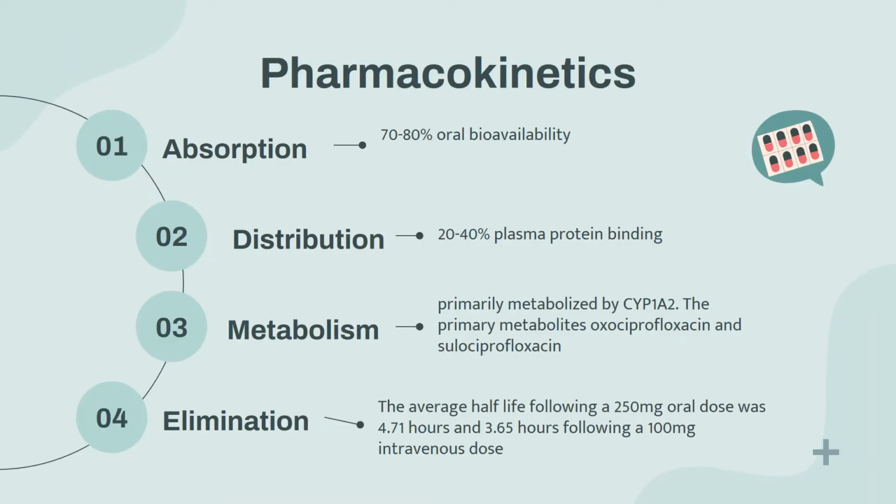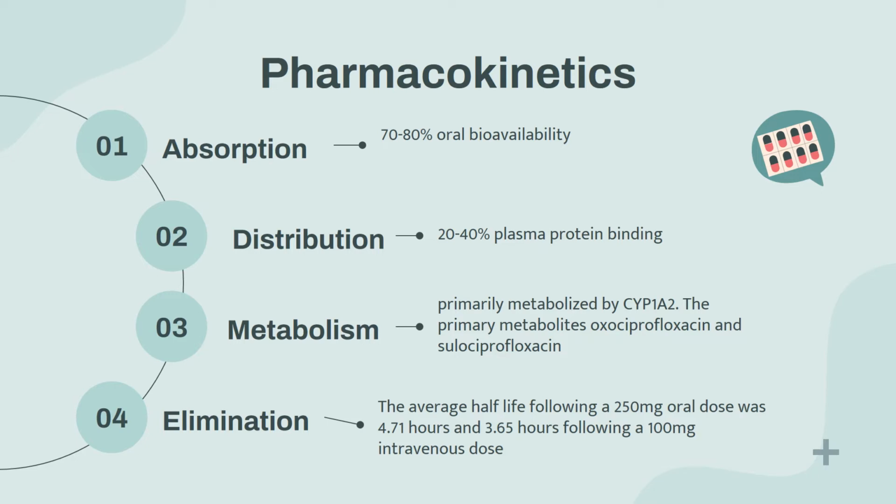Moving on to how the body processes this medication. First, during the absorption phase, this medication has 70 to 80% oral bioavailability, and 20 to 40% plasma protein binding ability during the distribution phase.